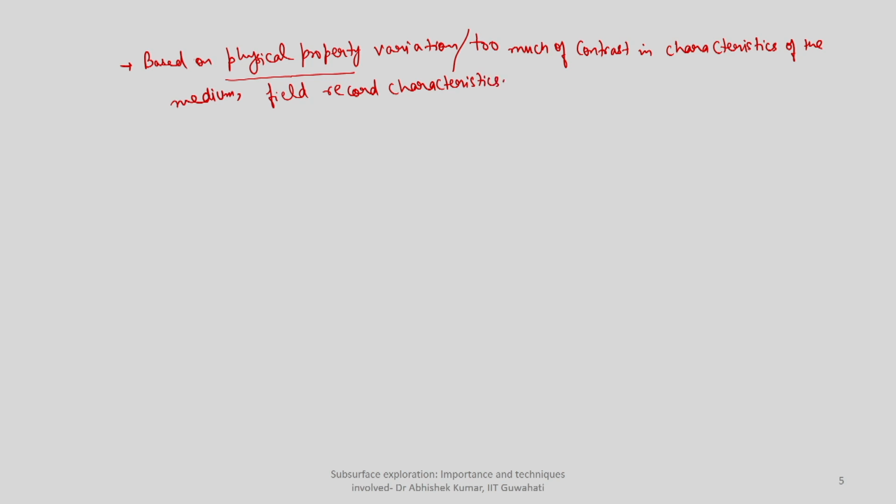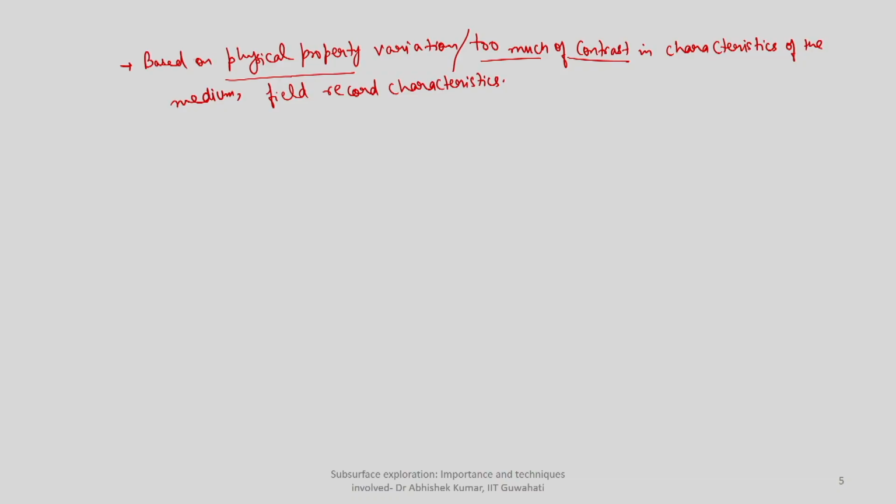Because of too much contrast, you have to be very careful. Like when you are going for any kind of field test at the site of interest, there are different layers. One may be a very soft layer, one may be a very stiff layer. So, when you go for the seismic method, when waves reach the interface, they face too much contrast, and that shows a change in the properties of the medium.